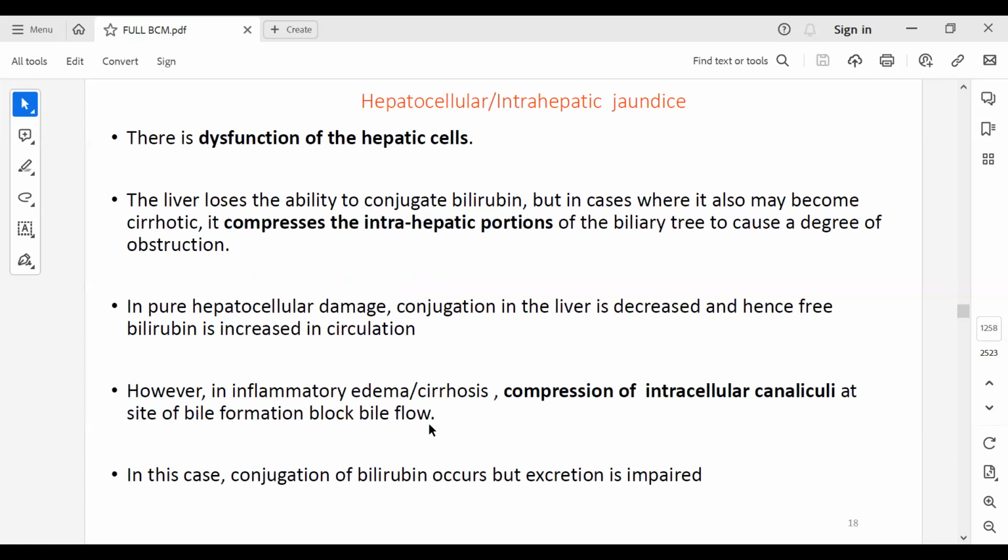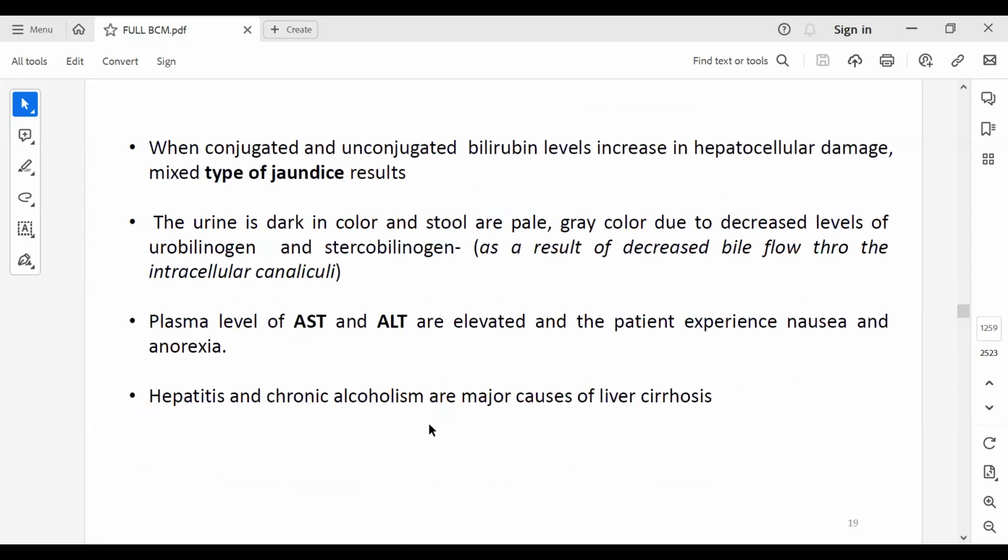Hepatocellular or intrahepatic jaundice is where there's a dysfunction in the hepatic cells. The liver will lose the ability to conjugate bilirubin. An example is whenever you have liver cirrhosis, compression of intracellular canaliculi at the site of bile formation can also block the bile flow. So conjugation of bilirubin does occur, but the excretion will be impaired in intrahepatic jaundice.